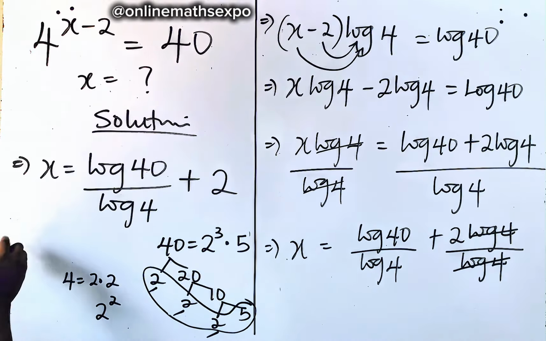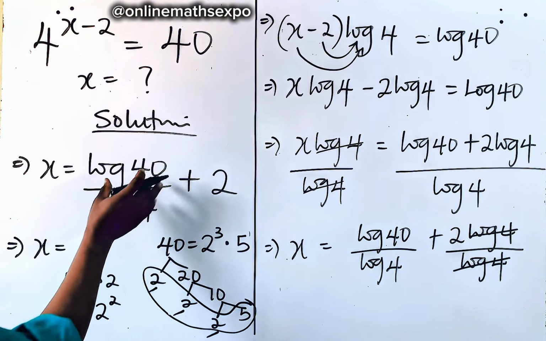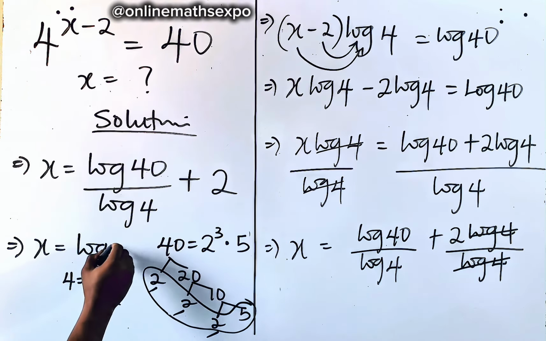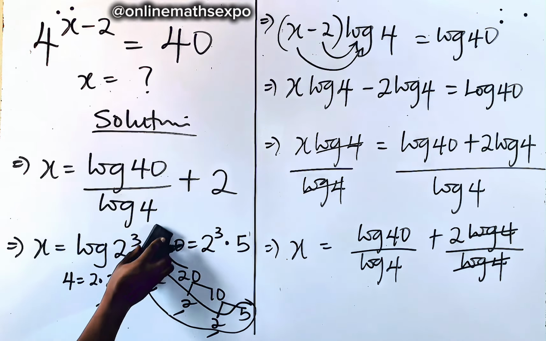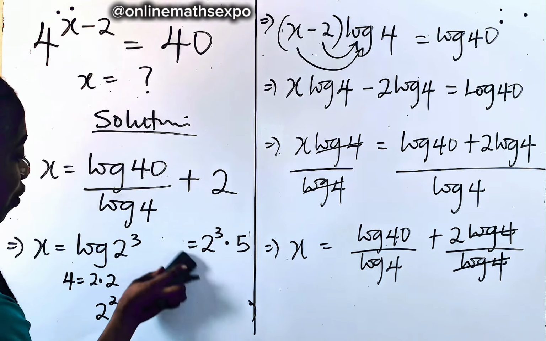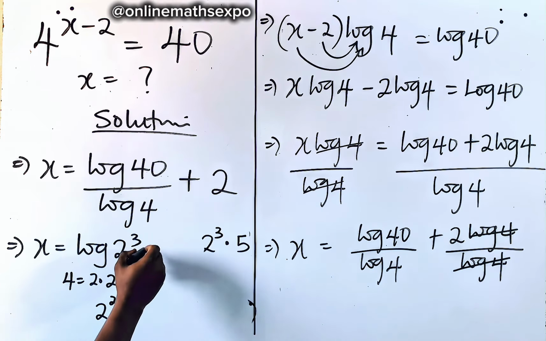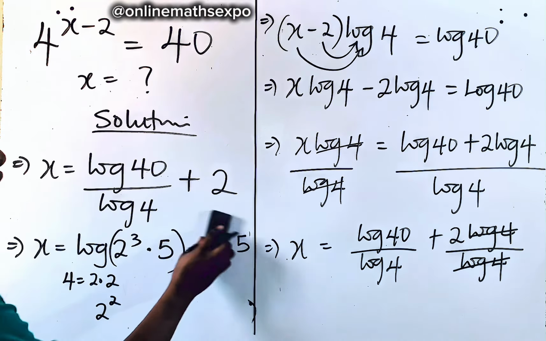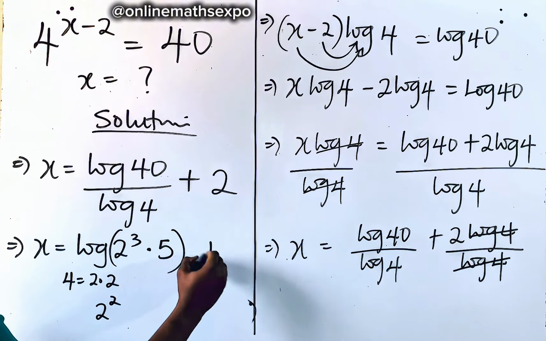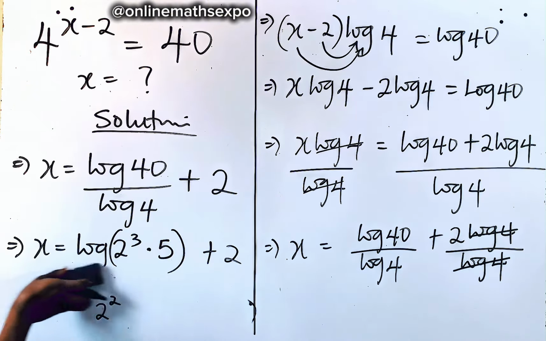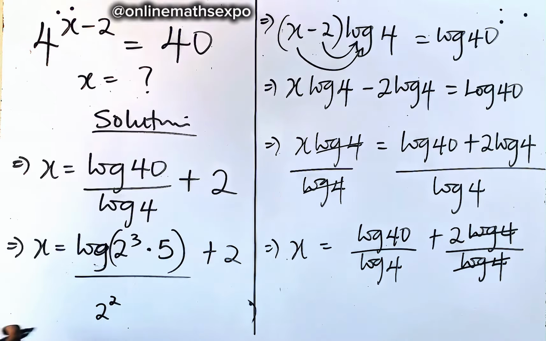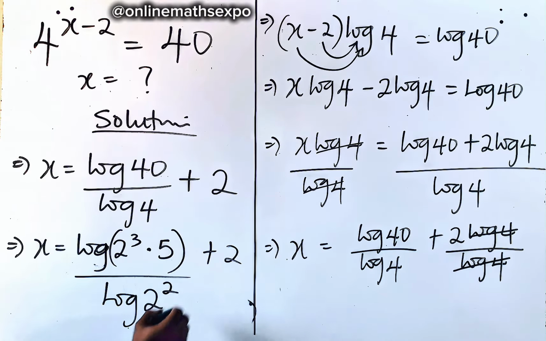If you do that, we are going to have x is equal to log of 2 cubed multiplied by 5, that is for 40, then we have plus 2. And this is divided by log of 2 squared.